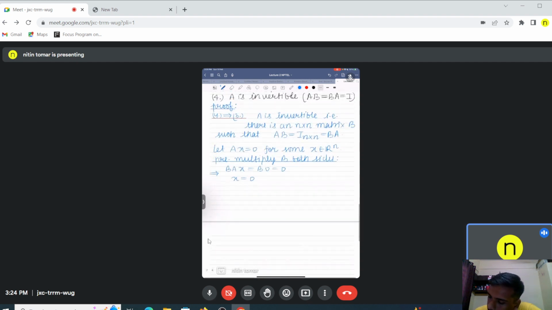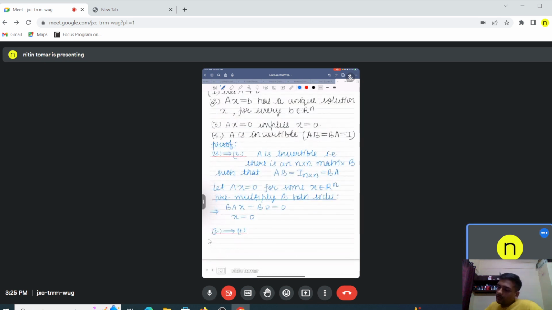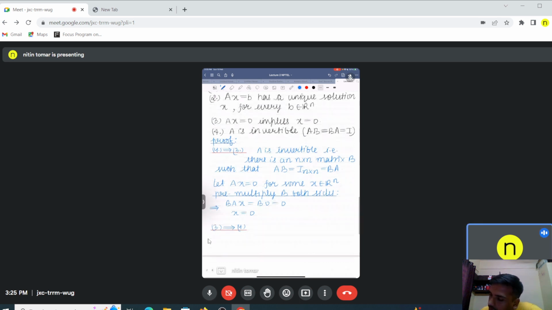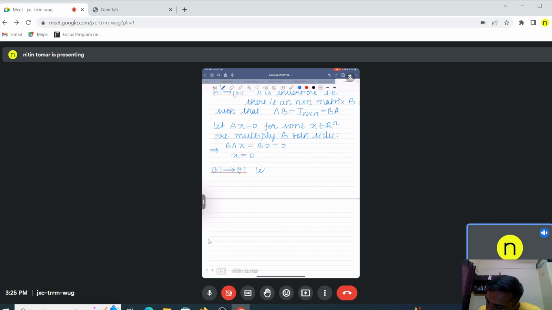Now what about 3 implies 4? How do you prove 3 implies 4? See, this is linear algebra. Let us go step by step. What are we given?